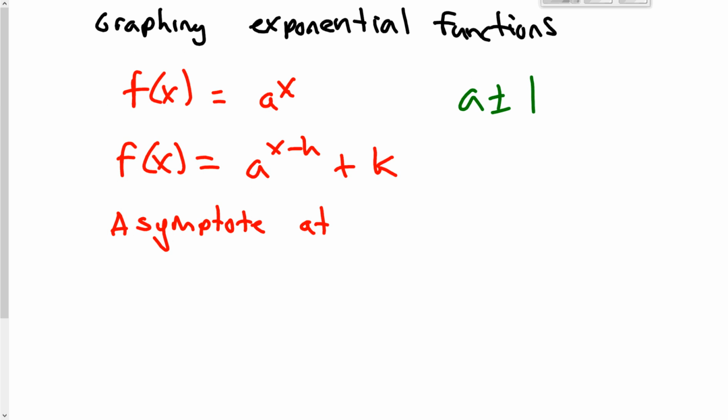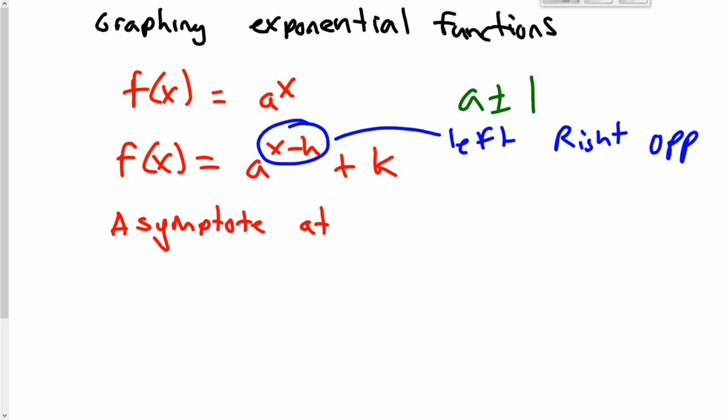They move left or right, they stretch, they shrink, they move up and down, right? Same kind of concepts. Whatever's with x always moves left and right, and it's always in the opposite direction of whatever that number is.